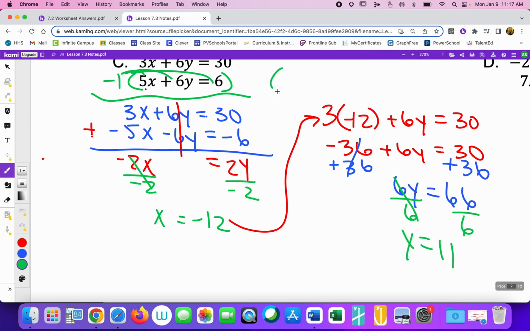So what's the coordinate of intersection? Negative 12, 11. Negative 12, 11. Again, same answer we would have gotten had we substituted. Same answer we would have gotten had we graphed.